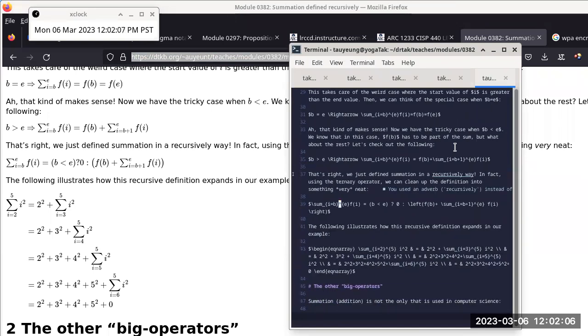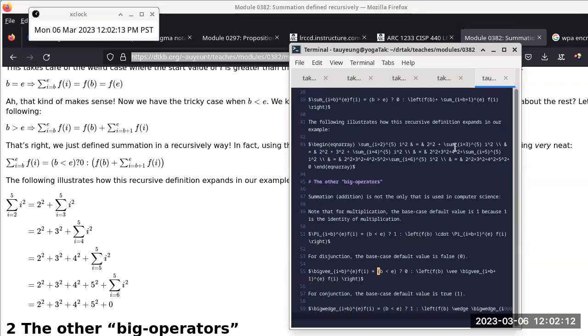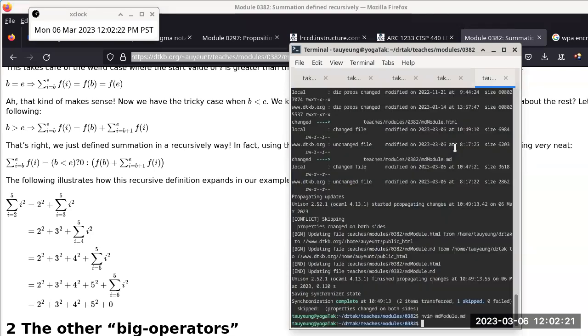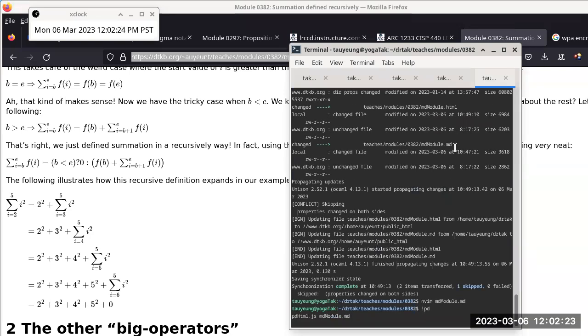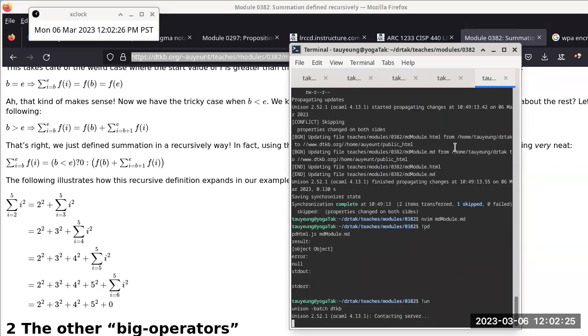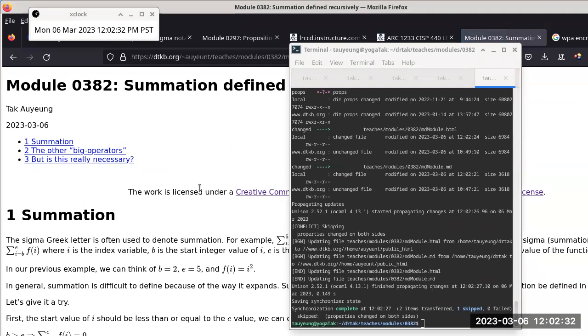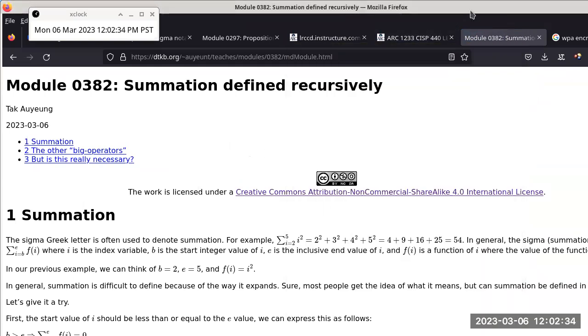It's right here: when B is greater than E, because the beginning index is supposed to be less than or equal to the end index. I got it all wrong. In the other example, get all this fixed. Run my trusty scripts, get everything updated on the server, and then come back here and refresh, and they should all be updated. All right, let's take a look again.